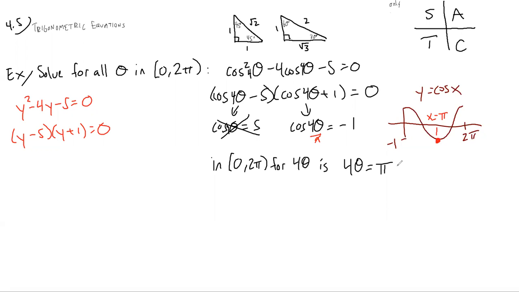So what we need to do now is actually expand it. Because I have 4 theta out front, what I'm going to need to do is add 3 more periods. So add 3 more 2 pi periods to get a total of 4 solutions.